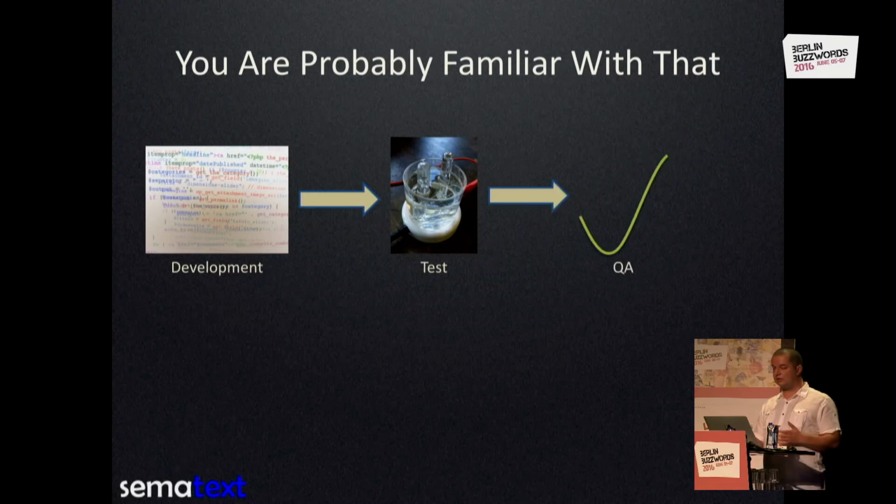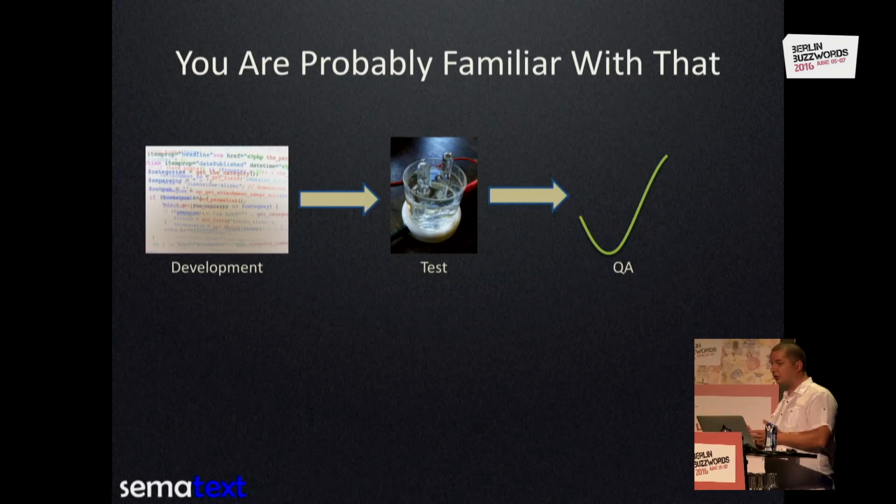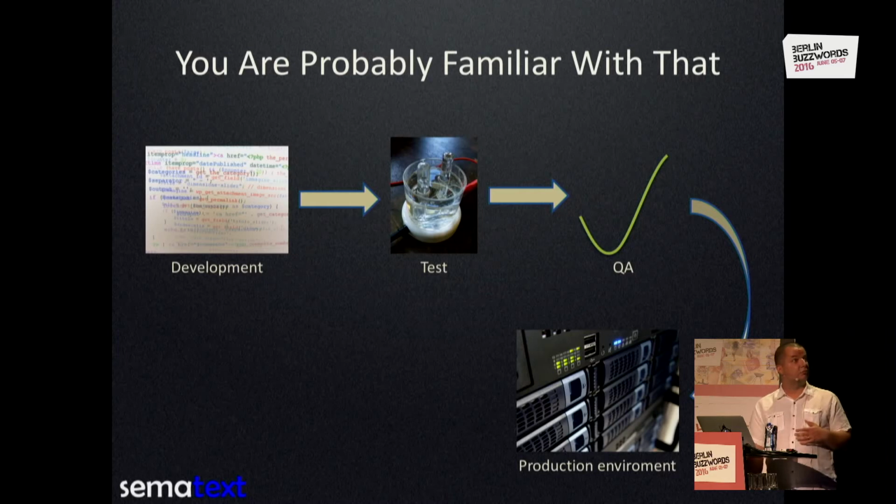Some larger organizations also use quality assurance teams and QA environments, which are closer to production but still not there, and people do test. If something fails, they get back to the test and development, and the cycle goes on until we actually end up in the production environment where all those things run for our clients or for us, depending on what the applications are.